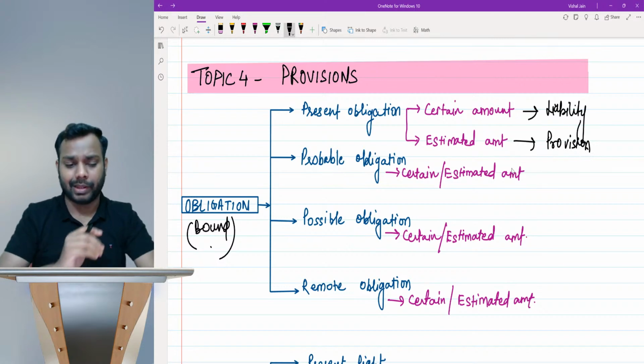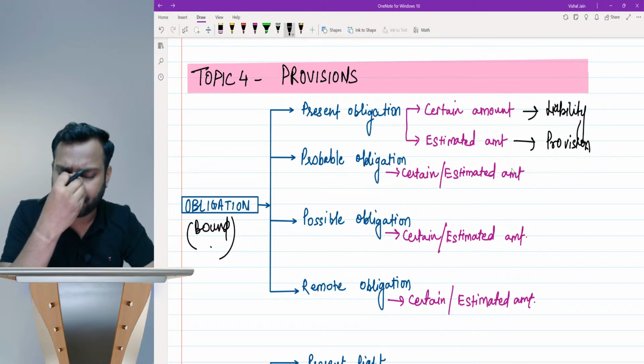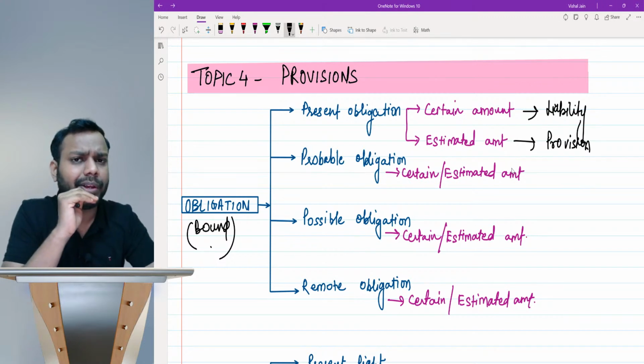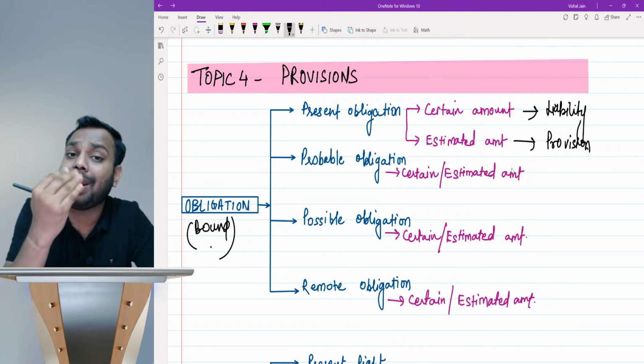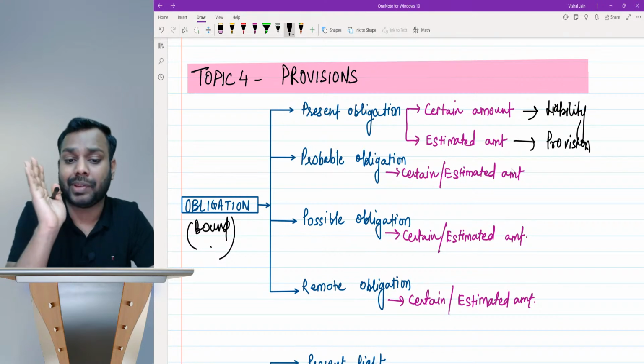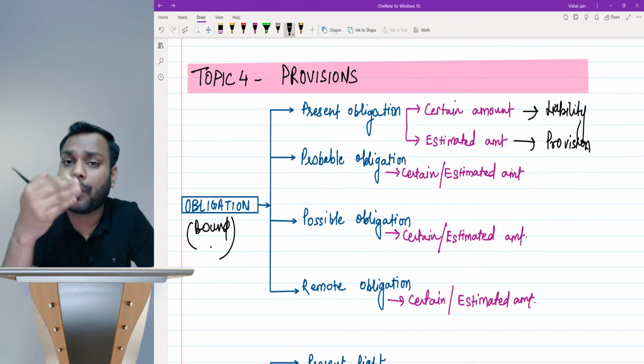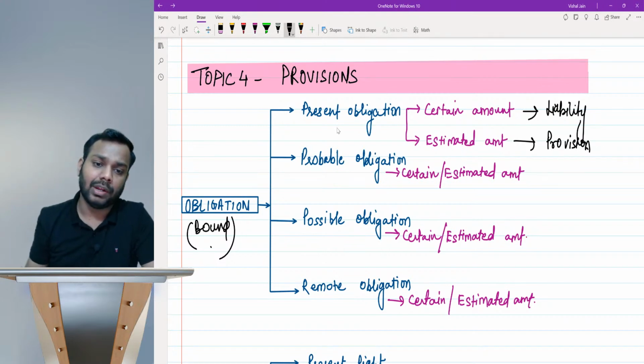Now, a probable obligation means the outflow is not certain, but the chances of outflow are very high, that is greater than 50%. Present obligation means probability greater than 95%.